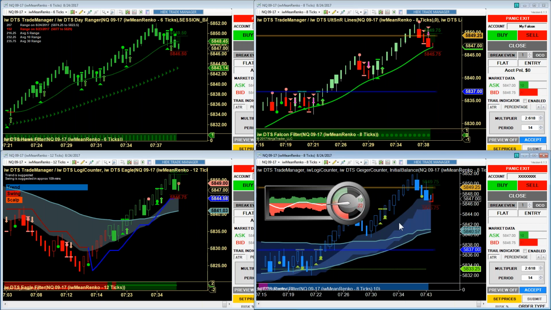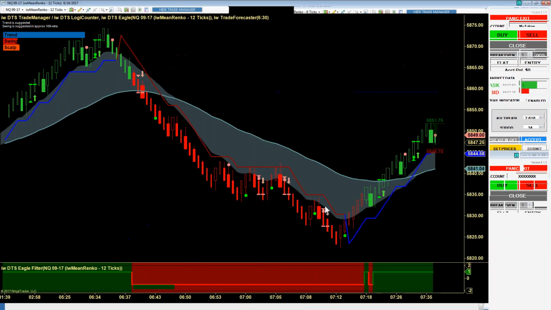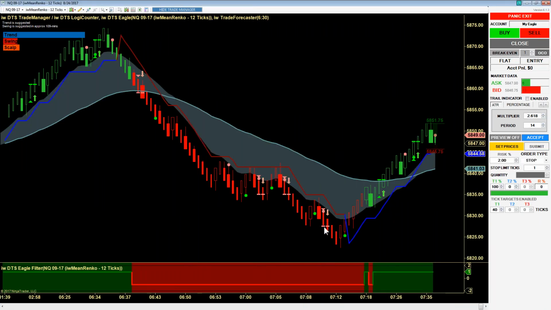We've got a market that's fairly balanced at this point. You know, we had the big, I'll show you here on the Eagle. We had the big move down, and now we've recovered at least half of that move. So all the Fibonacci traders are going to be going nuts trying to sell the market short.